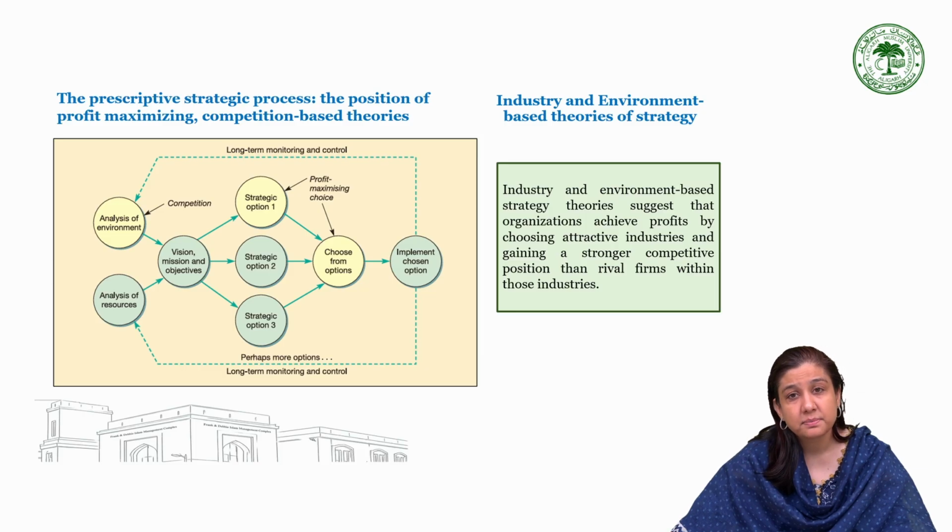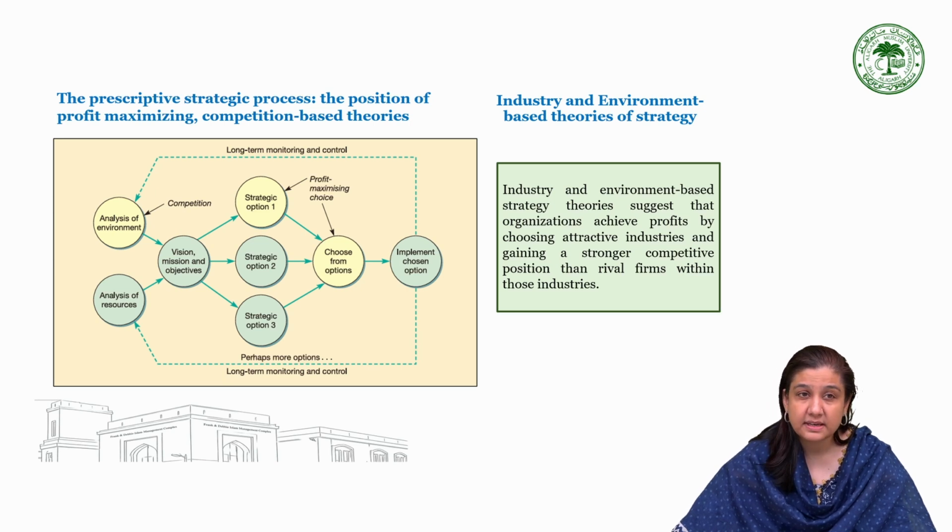Industry and environment-based theories argue that profitability depends on selecting attractive industries and securing a strong competitive position. For some companies, profitability is the clear goal, and the content of the corporate strategy therefore addresses this objective. Over the long term, this is likely to override all other objectives.